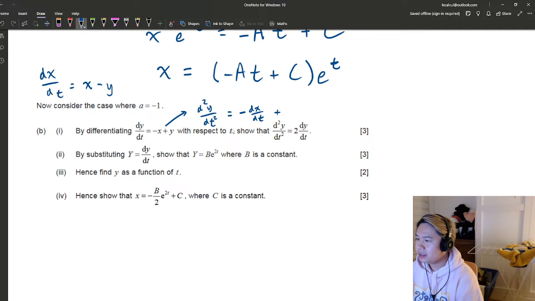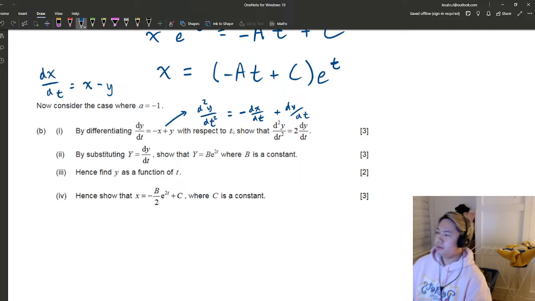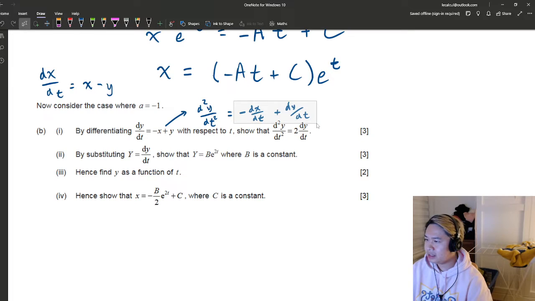Okay, and then I need to show that this is 2 dy/dt.